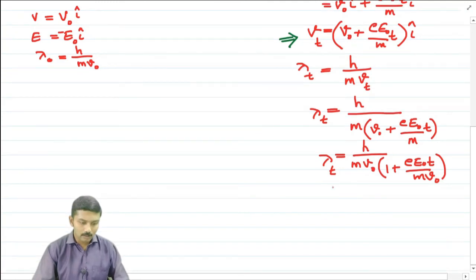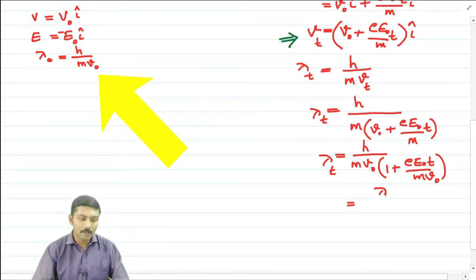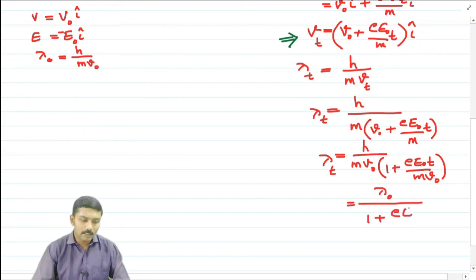So I can write this equation equal to h divided by m times v naught, which we have already assumed as lambda naught, divided by 1 plus e by m v naught times t. This is the final value we need to get.